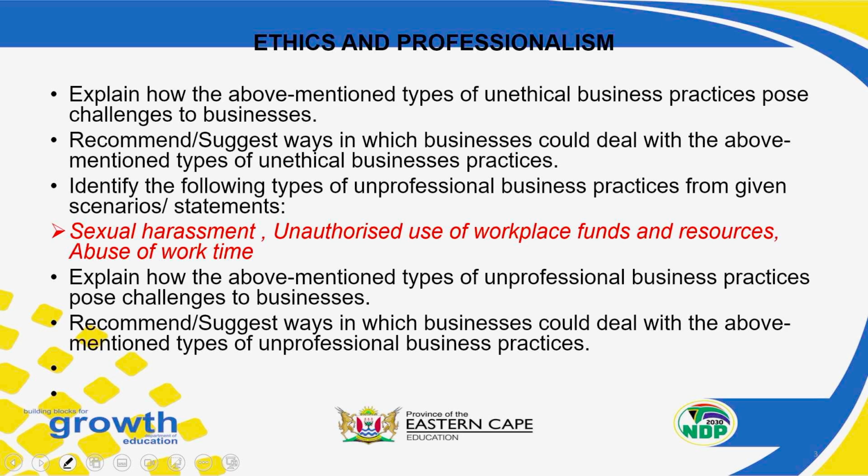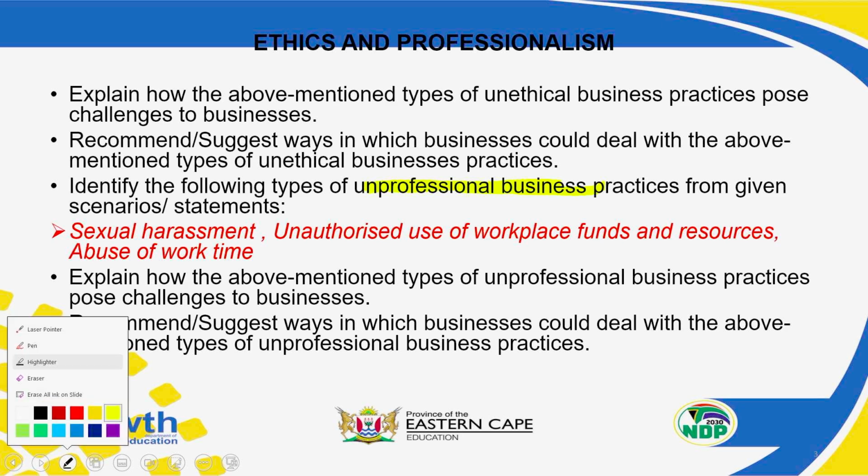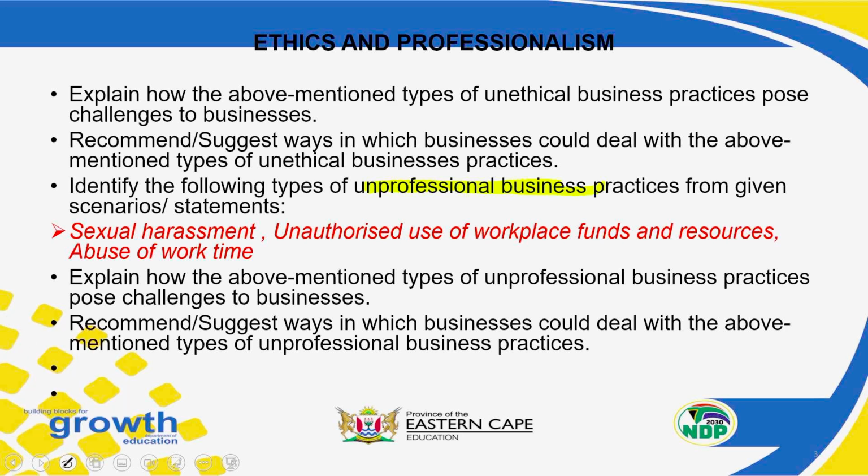You need to focus when you go through this content, because the misconception is that learners give the unethical when they are asked the unprofessional. Check the unprofessional. The unprofessional ones are sexual harassment, unauthorized use of funds and resources, and also the abuse of work time. With this one, you can ask who is committing this. This one is the employees.